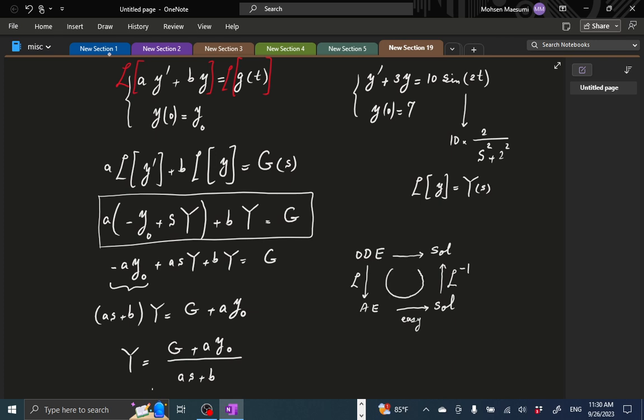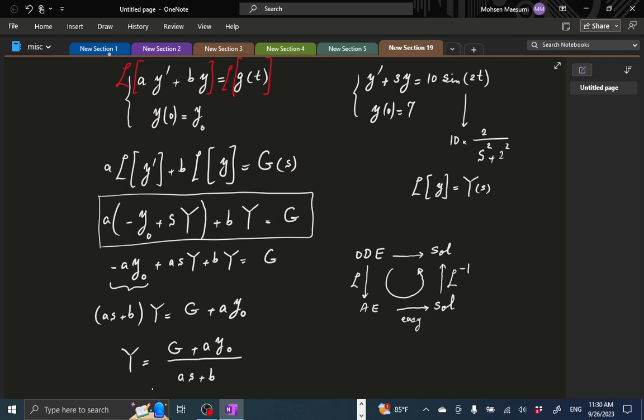This detour is called solving by Laplace method, and heavily depends on having a table and another table lookup to make the process go easy. There's a formula for the inverse Laplace transform as well, but it requires another course. We need complex analysis to make good sense of that, and we are not going in that direction.